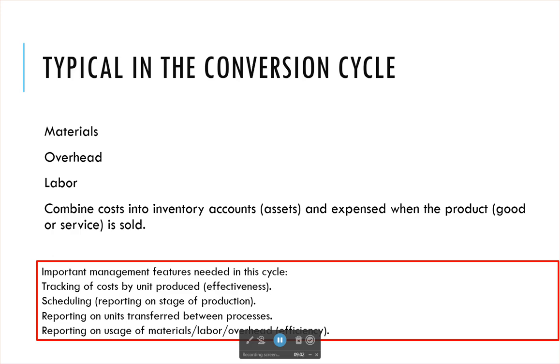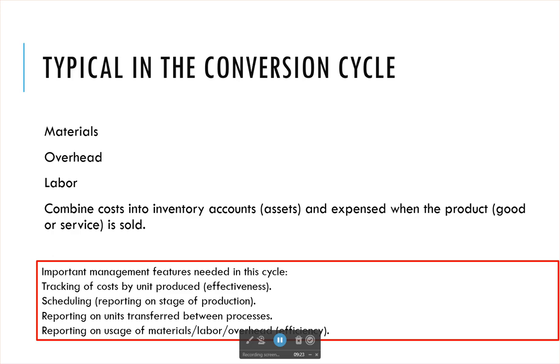We have direct labor, and indirect labor, which is a part of the overhead. All these costs get combined into our inventory accounts, and then when the product or service is provided or sold, it becomes a cost associated with that, and then it shows up as an expense.